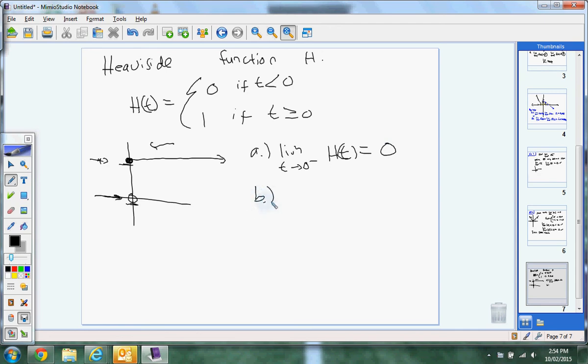So B, limit as T goes to 0 from the right of H of T, I'm going to get 1. If I come from the right, that means I'm bigger than 0, I get 1. So therefore, I use this, our book doesn't use this, but 3 triangle dots is the math symbol for therefore. Just so you know. Therefore, the limit does not exist.